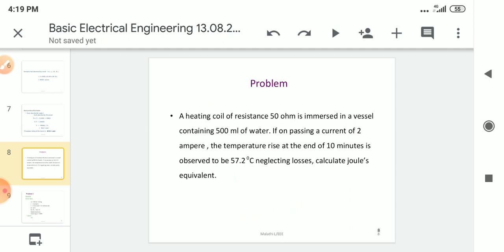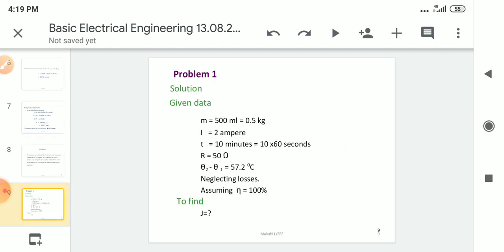After reading the question, we identify the data given. They are given the resistance and the mass: 500 ml is equal to 0.5 kg. How? 500 into 10 to the power of minus 3, so 0.5 kg.